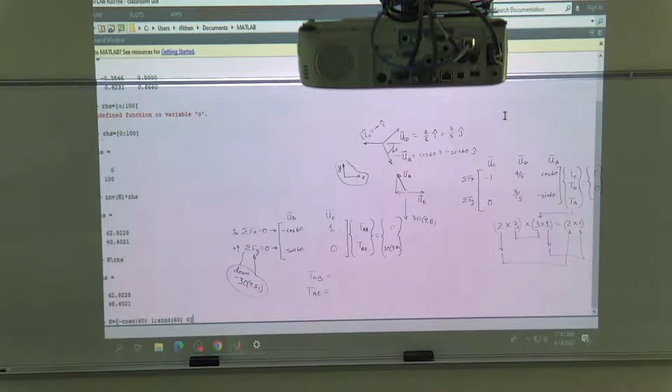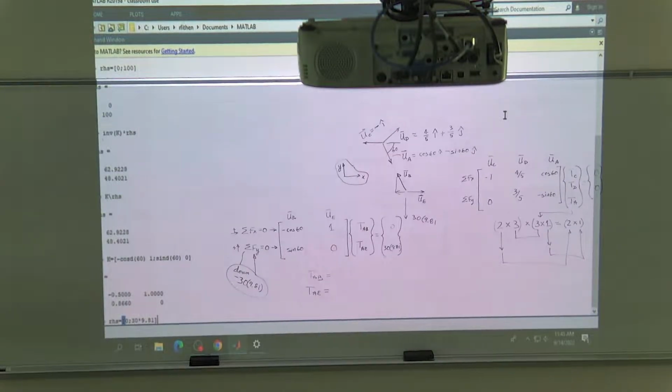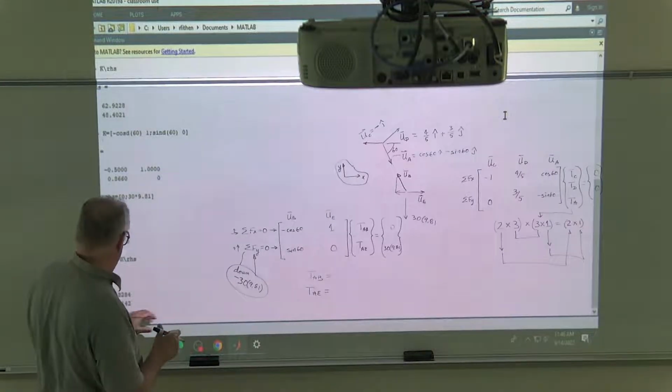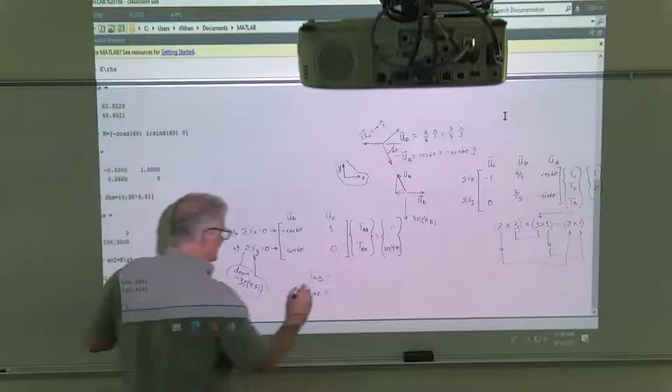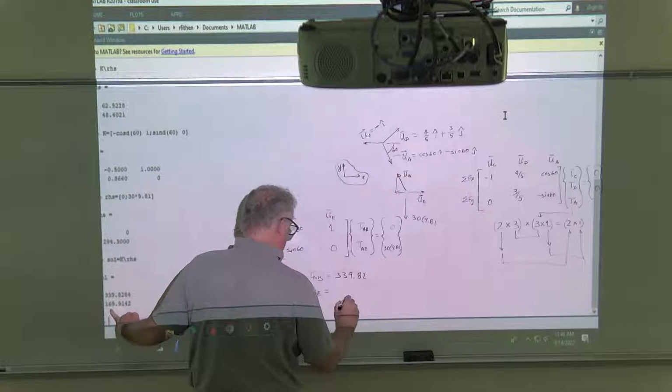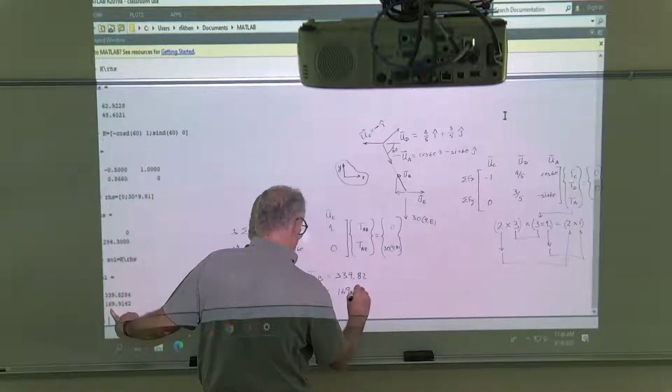And then my right-hand side now becomes, first there's nothing, and then there's 30 times 9.81. And now if I want my solution, I'll say SOL for solution equals K, and I'll do that. It doesn't really matter which one you do. So you get 339.82, 339.82, and you get 169.91.